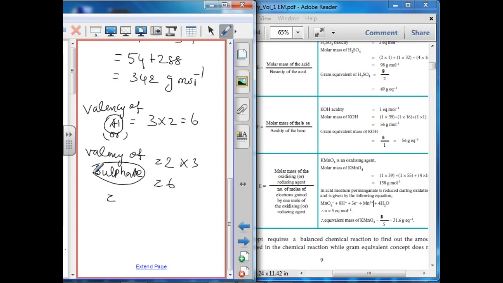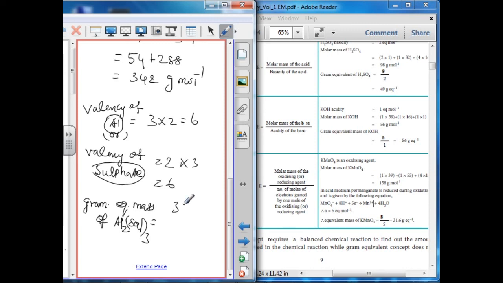So the gram equivalent mass of Al2(SO4)3 equals molar mass divided by total valency of either cation or anion present in the salt.